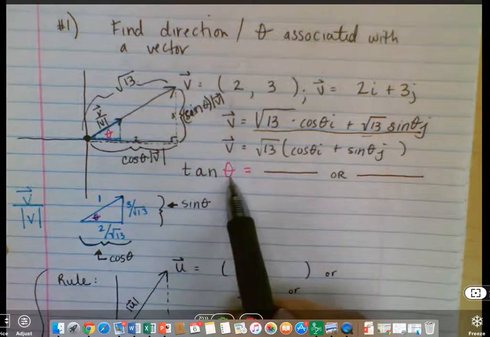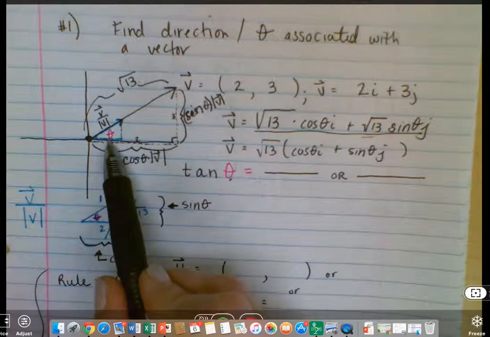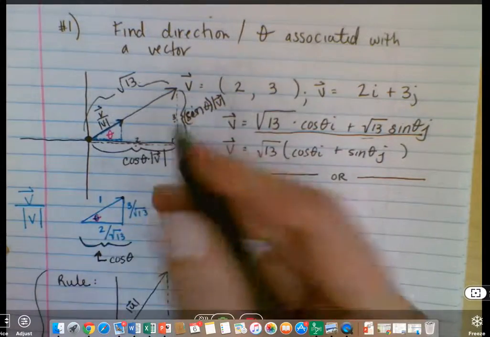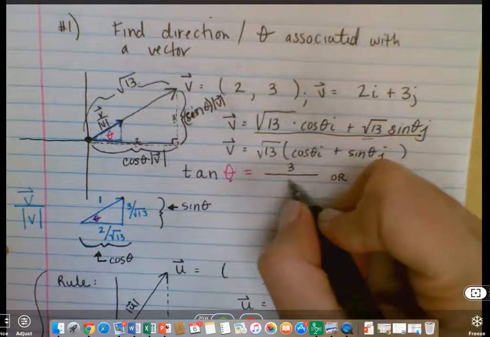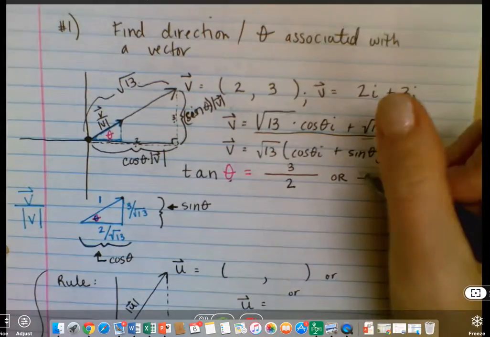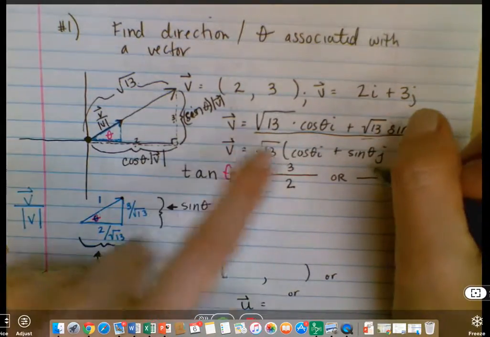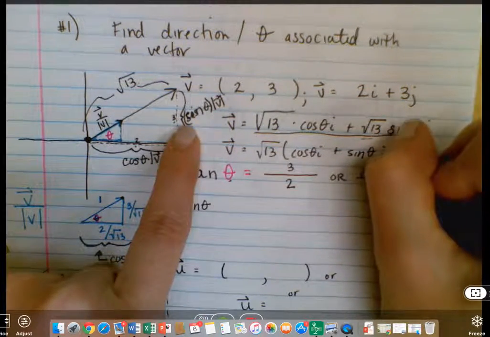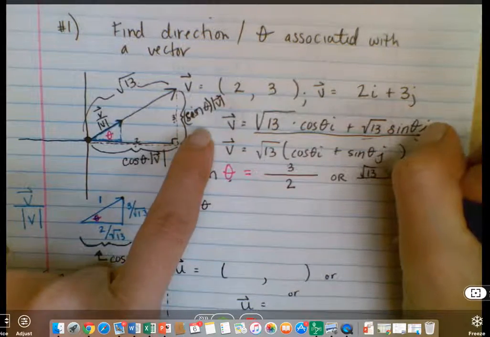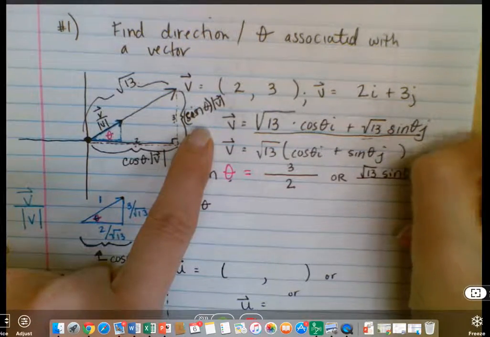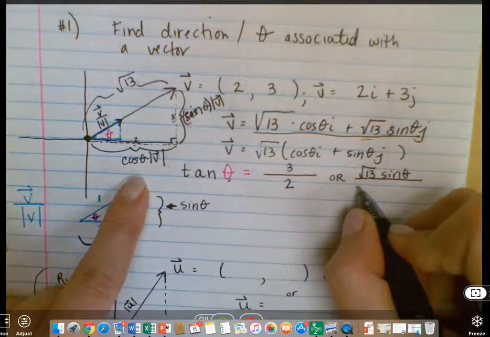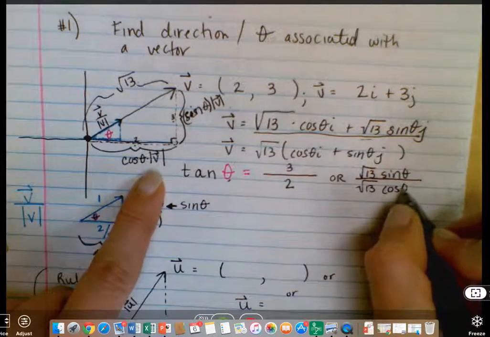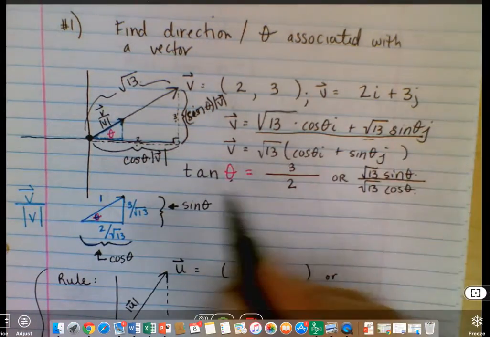So if I'm interested in theta, this pink angle right here, I know that the tangent of theta is this side divided by this side. So the tangent of theta is 3 over 2. I could also say that the tangent of theta is this length right here, which is root 13 times sine of theta, over root 13 cosine theta, which makes sense because sine divided by cosine is tangent.